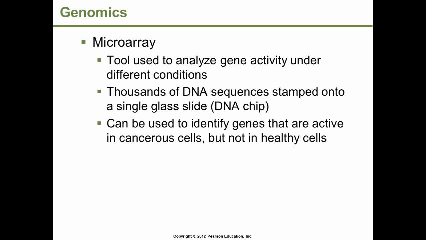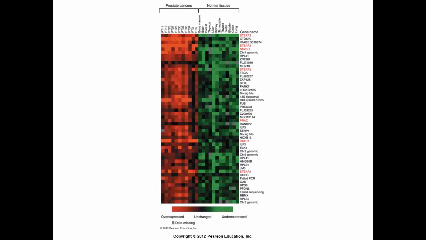Microarray is a tool that's used to analyze gene activity under different conditions. In microarray, they take thousands of DNA sequences and stamp them onto a single glass slide, a DNA chip. It can be used to identify genes, say, that are active in cancerous cells but not in healthy cells. So this is an image of a microarray.